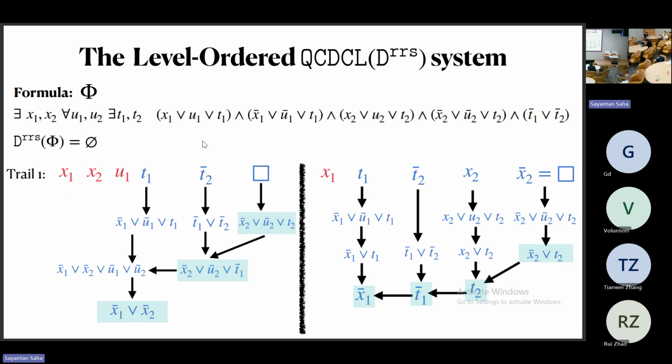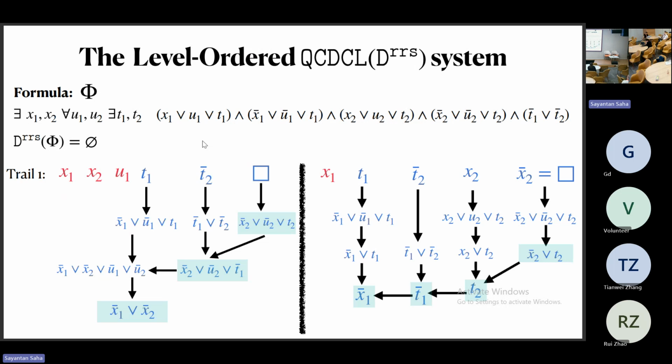So what do I mean by dependencies affecting propagation and learning? Suppose I have this formula and I did not have any dependency scheme, and I wanted to create a QCDCL trail for it. At the initial stage, there is no propagation I can do. Nothing is forced to be set. So I start off by making a decision according to the level order.